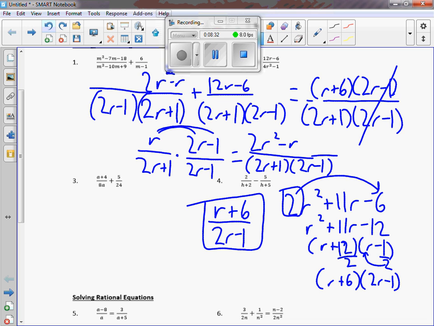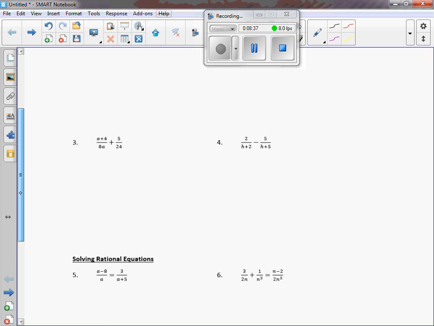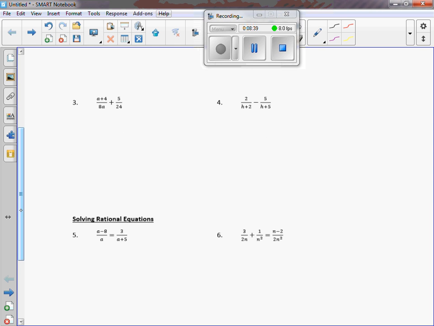Now, number 3. On bottom we have 8a and 24. When we think about this, 8a and 24, neither of these are attached by plus or minus. It's not like we have plus x over here. They're all just one thing, so we need to turn them both into the same thing.